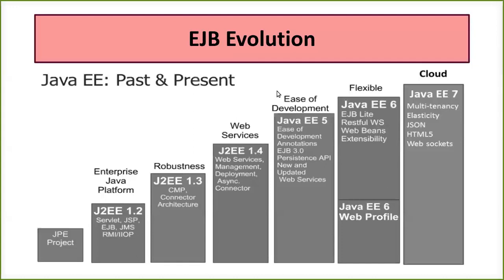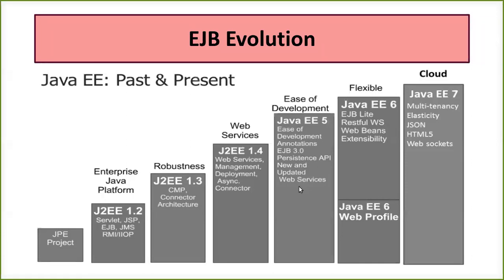Then we had ease of development of EJB applications in version 5, Enterprise Edition 5, where we had concepts like annotations. EJB 3.0, the third version of EJB, was introduced in Java 5.